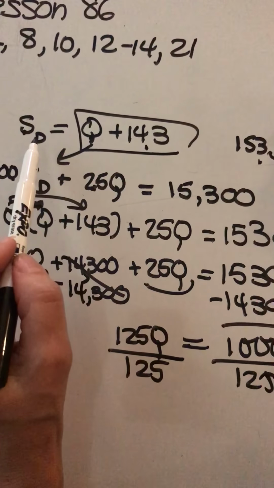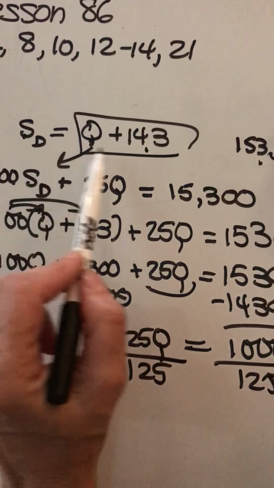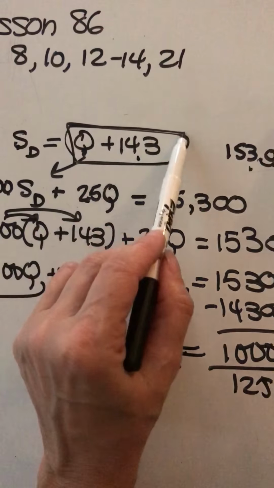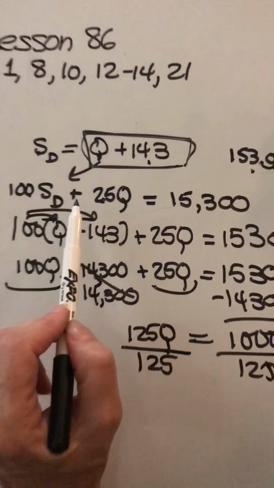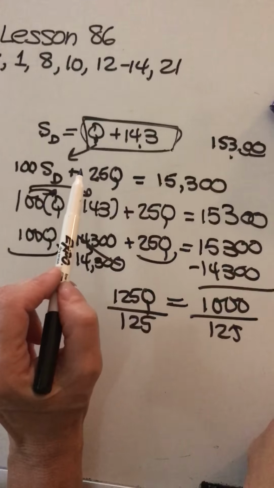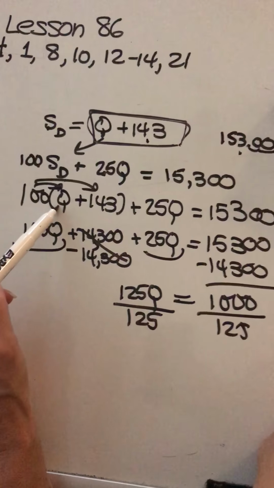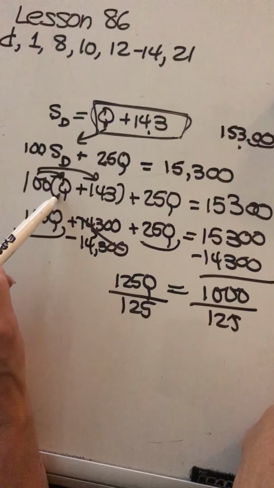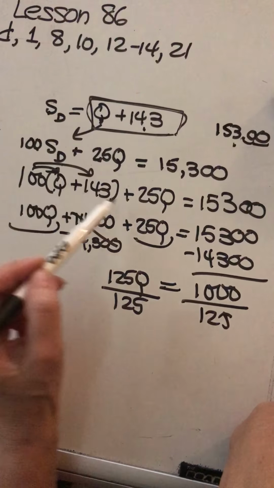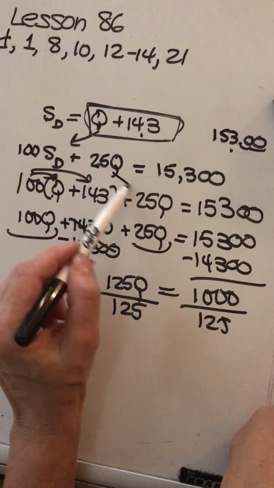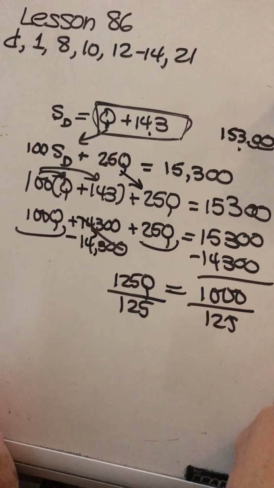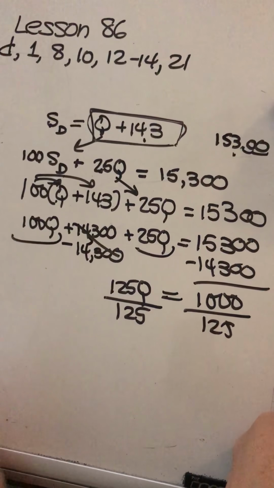So I'm going to take the first equation and substitute this part, the quarters plus 143, in for the Susan dollars in the second equation. And I get 100 times, substituting that in, quarters plus 143 plus my 25Q quarters equals 15,300.